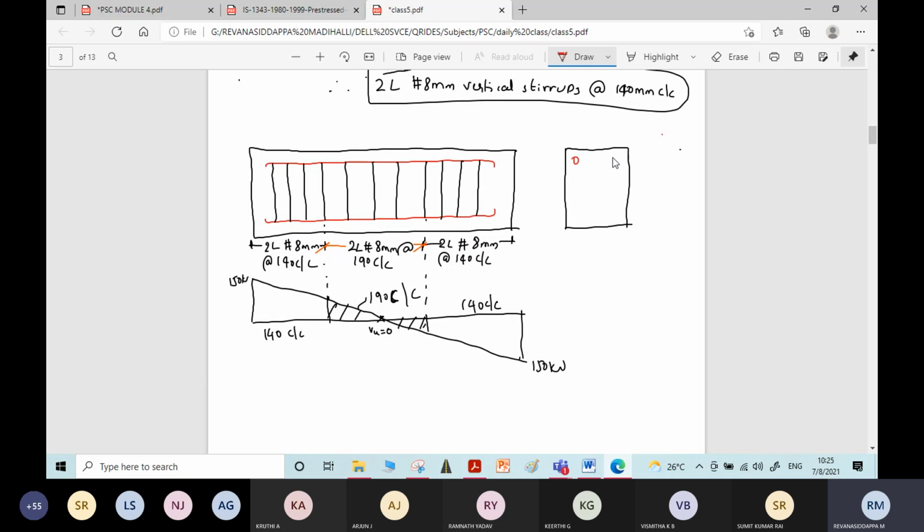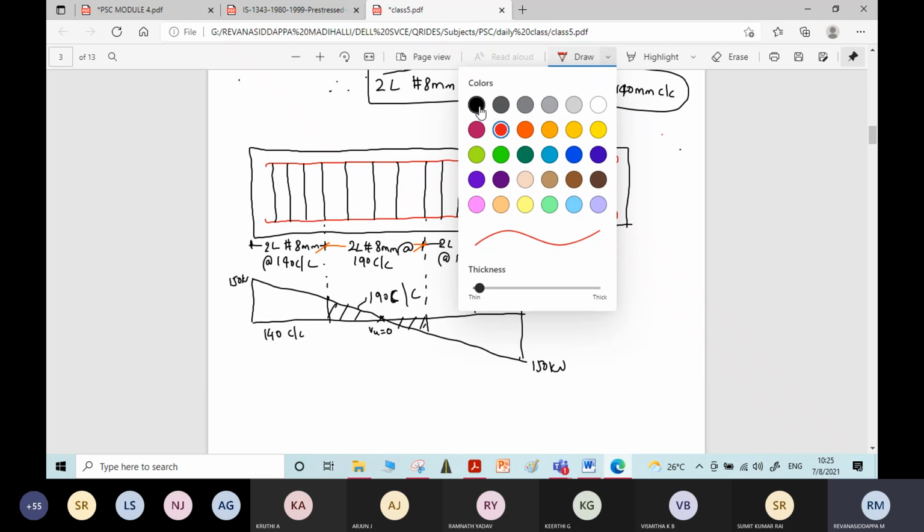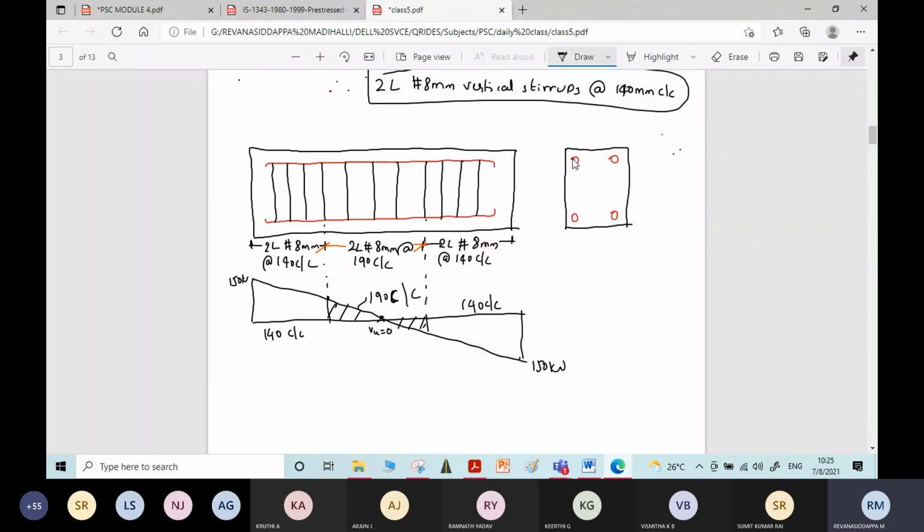Main bars, you take 4 main bars. And give the stirrups. Okay. Two-legged 8 mm vertical stirrups.